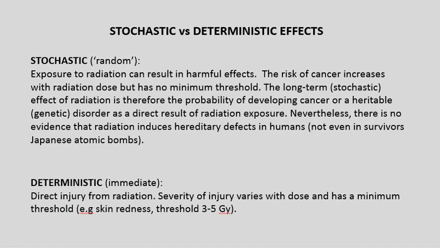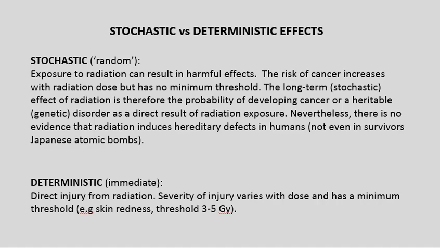Nevertheless, there is no evidence that radiation induces hereditary defects in humans, not even in survivors of Japanese atomic bombs. That may surprise you, that there were no more two-headed babies born to survivors of the Nagasaki and Hiroshima explosions than there were in non-irradiated populations.